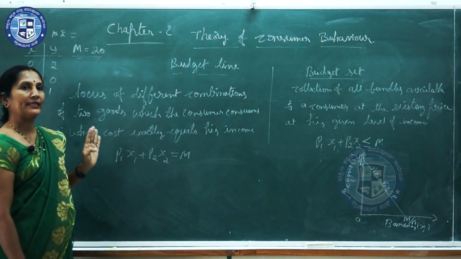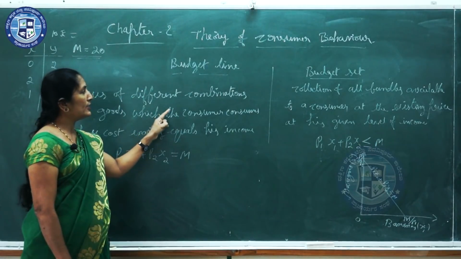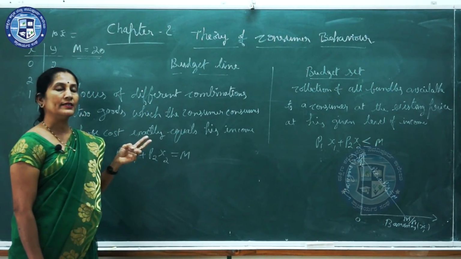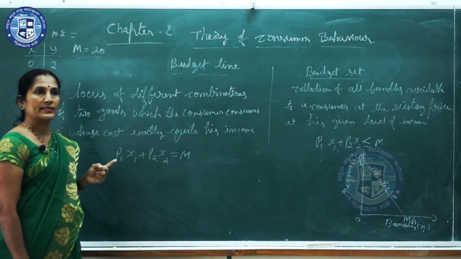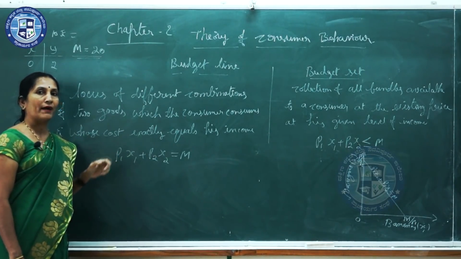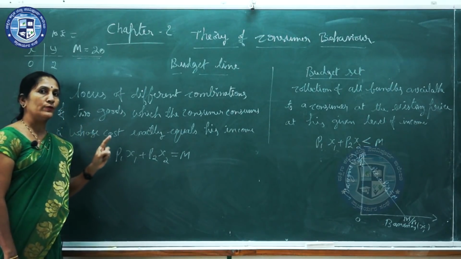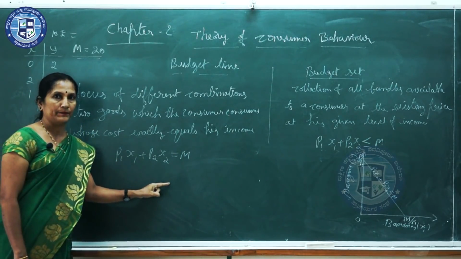The budget line means the different combinations of two commodities a consumer can purchase with his given level of income and given market prices, such that the cost should be equal to his money income.